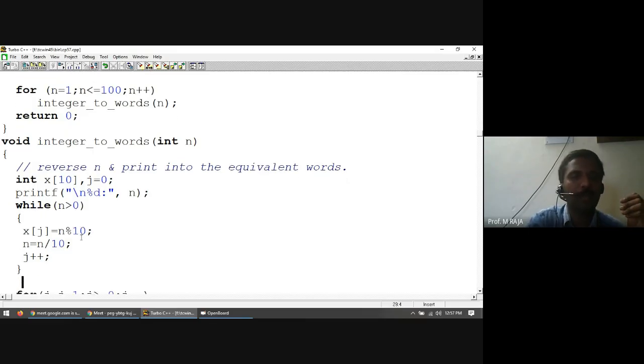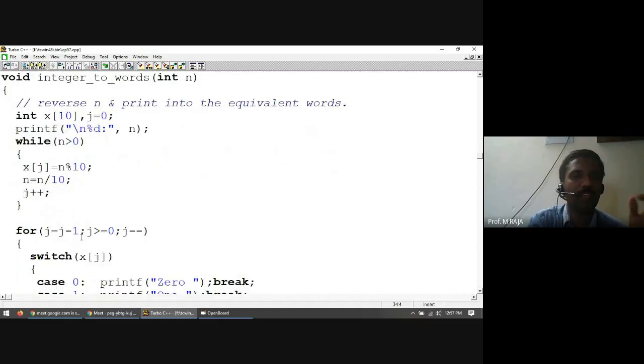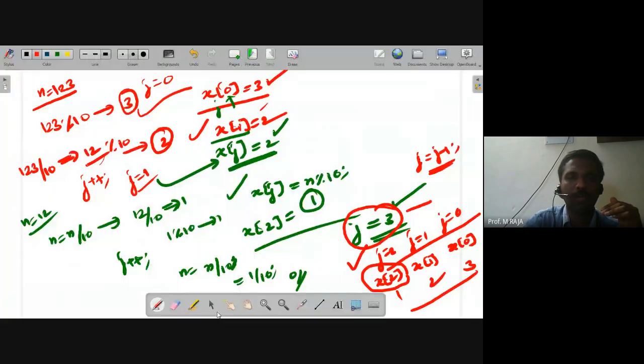Then we need to process them in the reverse order. j starts at j minus 1 because in 1, 2, 3, first 3 is stored in the 0th location, then 2 in the first location, then 1 in the second location. We need to print the array values in the reverse order. So x of 2, x of 1, x of 0.